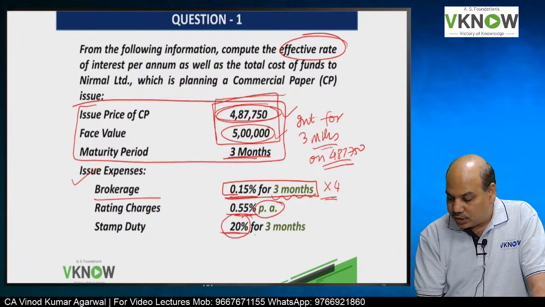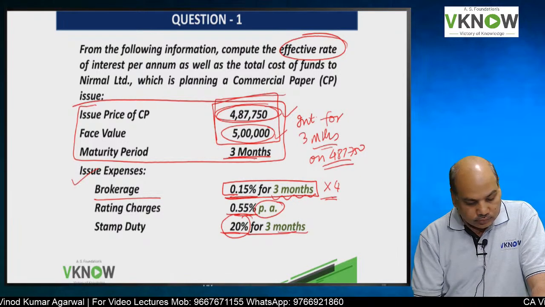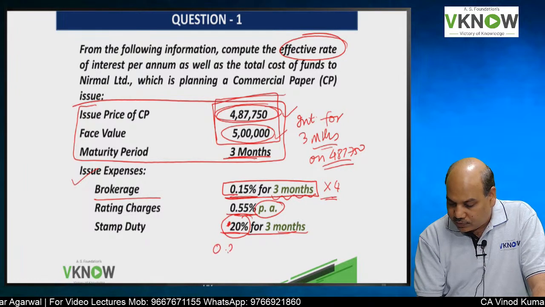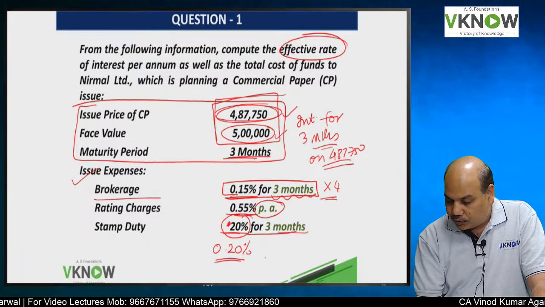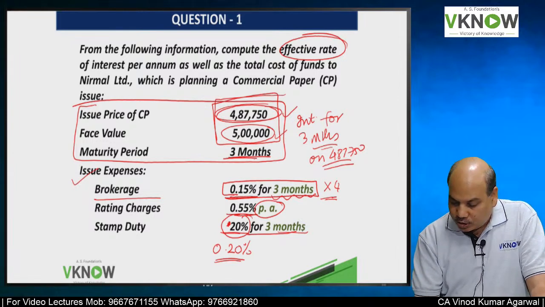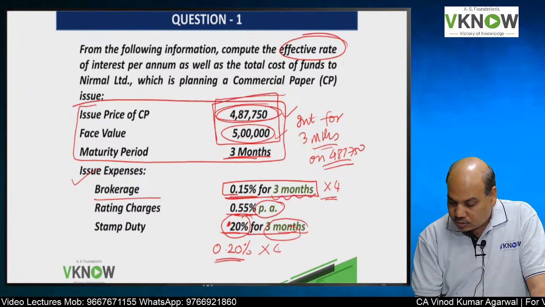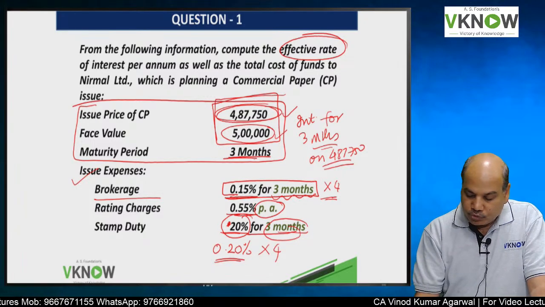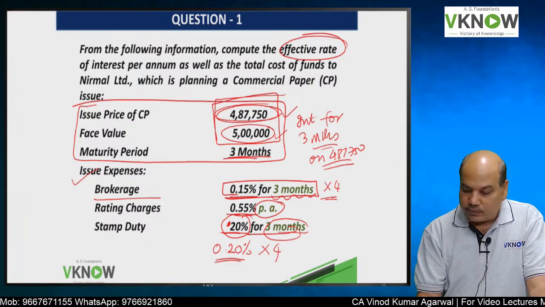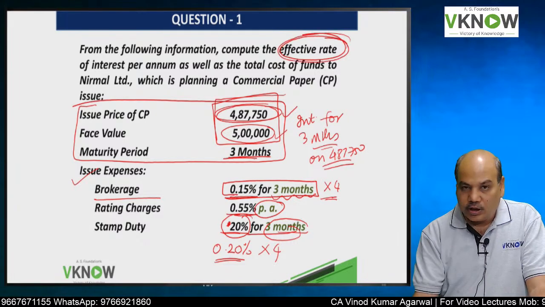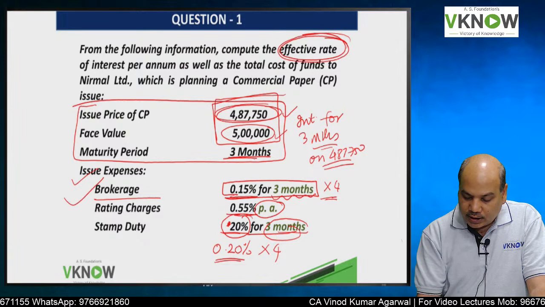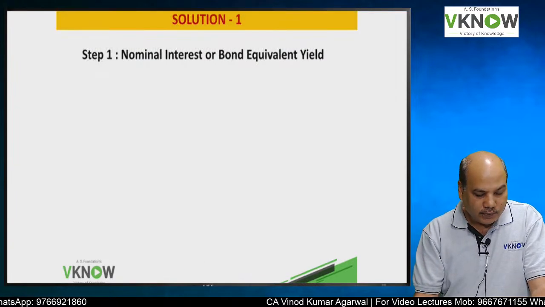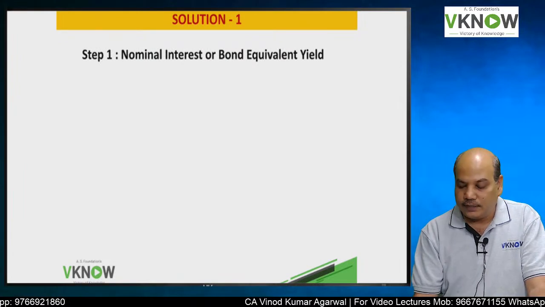Stamp duty is 0.20% for 3 months, please rectify that. So if it is 0.20% for 3 months, to get the answer for a year, we'll multiply by 4. Step 1 will be to find the effective rate of interest, then add these 3 costs also. That will give you the total cost per annum, and for that you'll get around 5 marks.